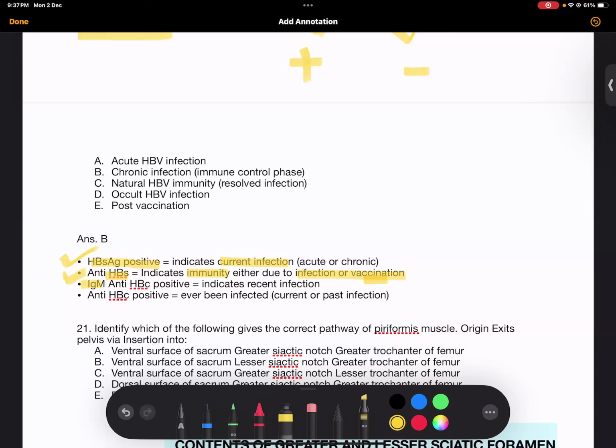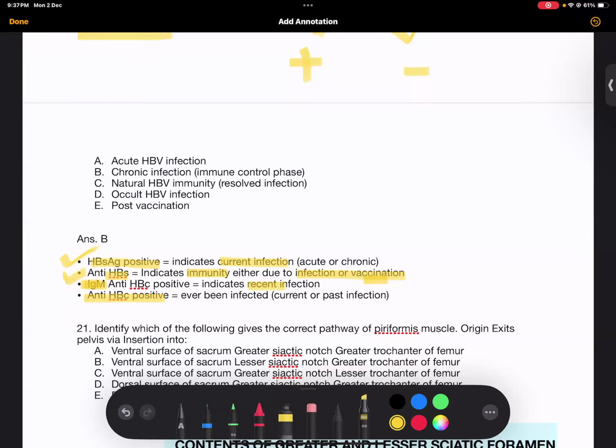So IgM anti-HBC would be differentiating between acute or chronic. Whenever IgM is positive, it shows recent infection, meaning acute infection. And whenever anti-HBC is positive, it shows that he or she has ever been infected, like there is some kind of infection in the past.